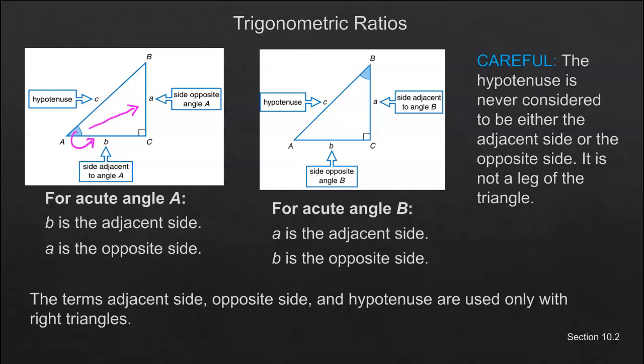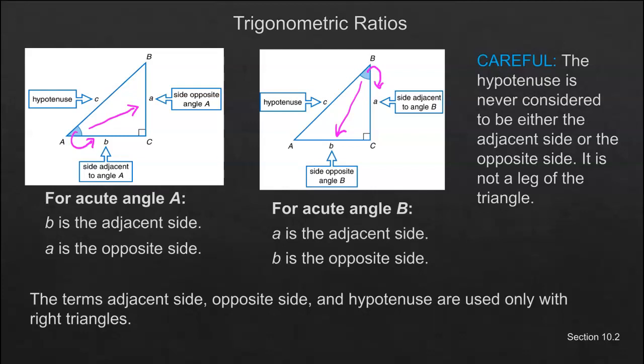On the next one, we're looking at angle B. So the side opposite angle B is side B. And then the side adjacent to angle B is side A. So it's just a matter of, okay, from the perspective of this angle, where's my opposite side, where's my adjacent side, and make sure that you're looking at that.